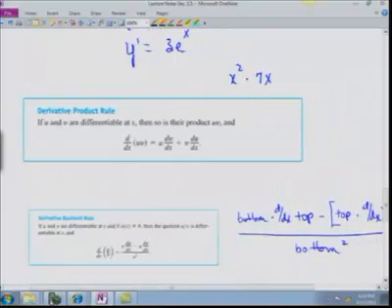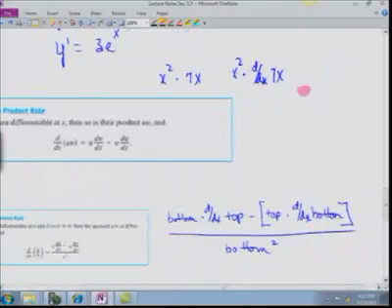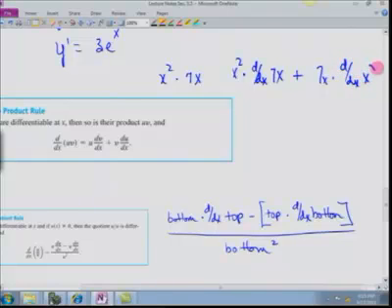But there will be some products that we can't do that with. But just for the sake of that, it's this one times the derivative of this one plus this one times the derivative of the first one. So the first times the derivative of the second plus the second times the derivative of the first. And because you're adding, it doesn't matter what order you do it in. It just works that way.